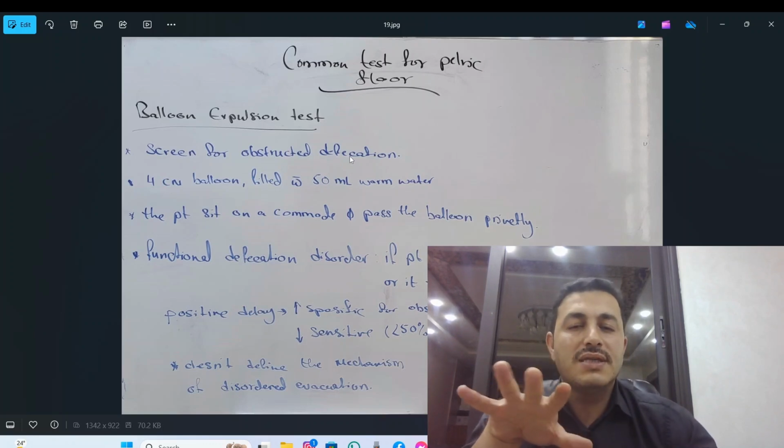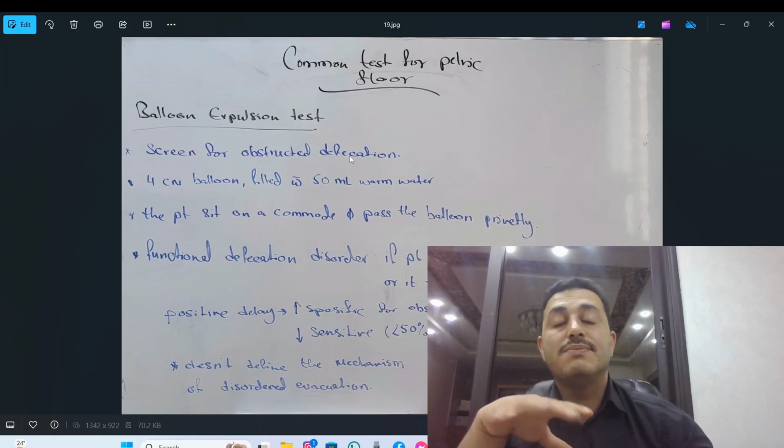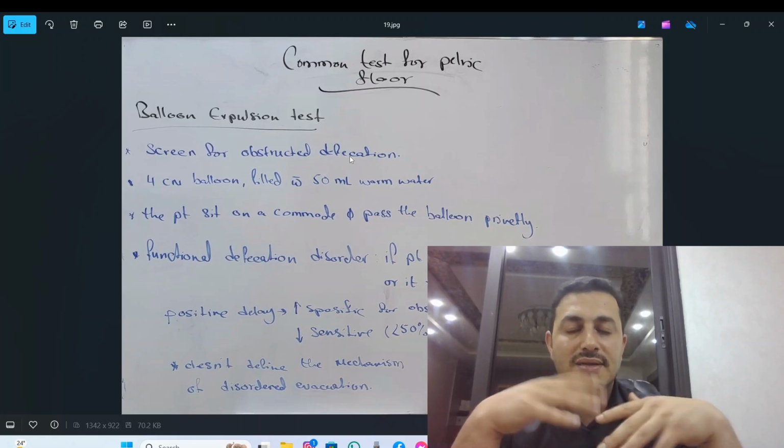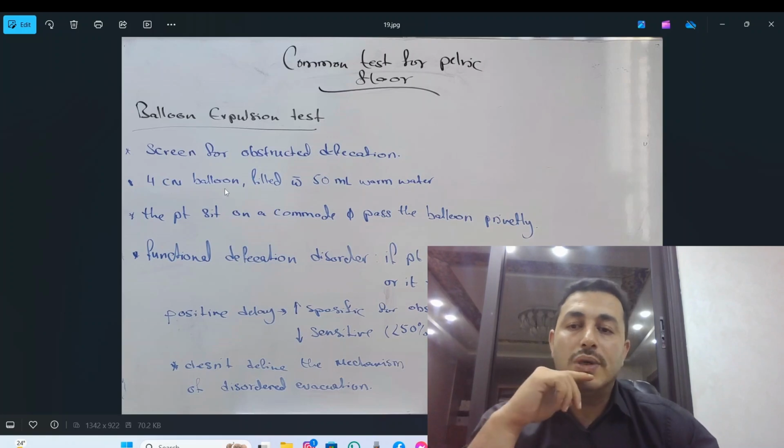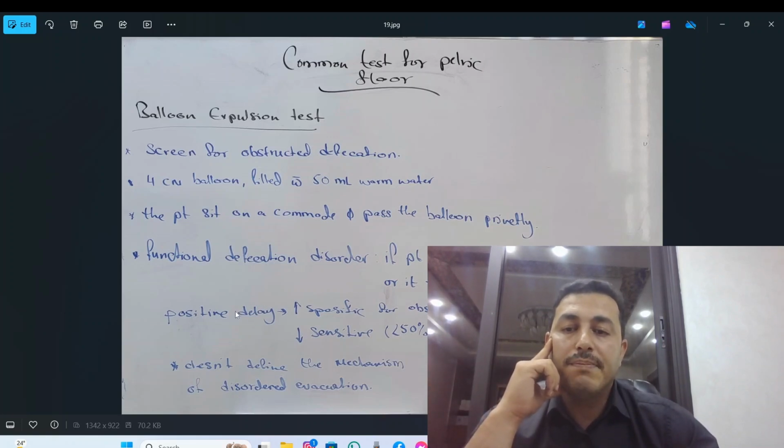It has low sensitivity and low specificity. It's a developing test, and it's not yet clear when to use it and when not to. As we said, a balloon is filled with 50 milliliters of warm water, and the patient is asked to go to the bathroom and pass it privately.